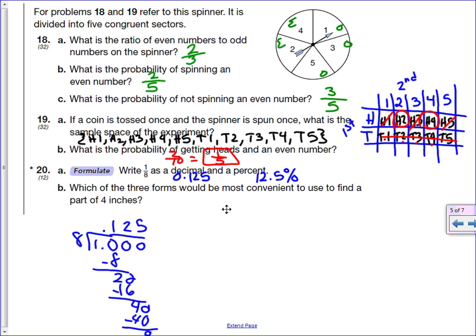Which of the 3 forms would be most convenient to use to find a part of 4 inches?